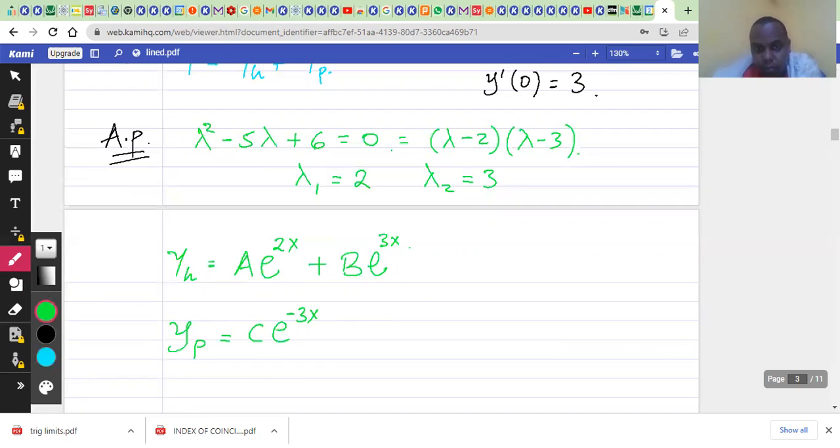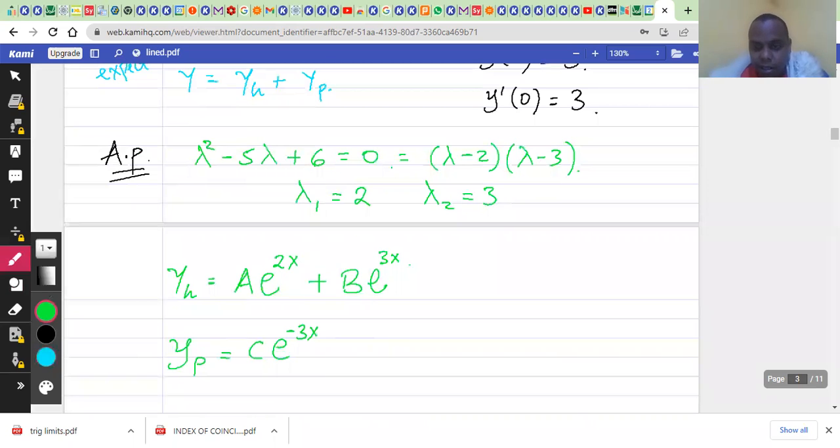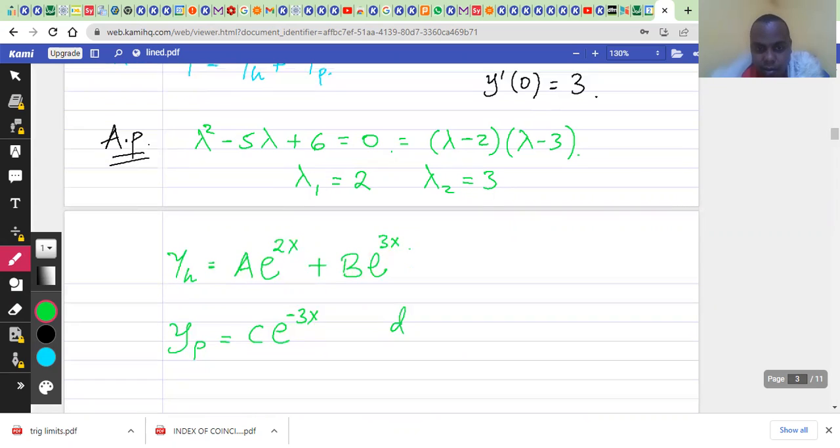Yes. Okay. And this particular solution should be a solution to the ODE, right? Meaning that if we were to take the first derivative, dyp/dx, what do we have?